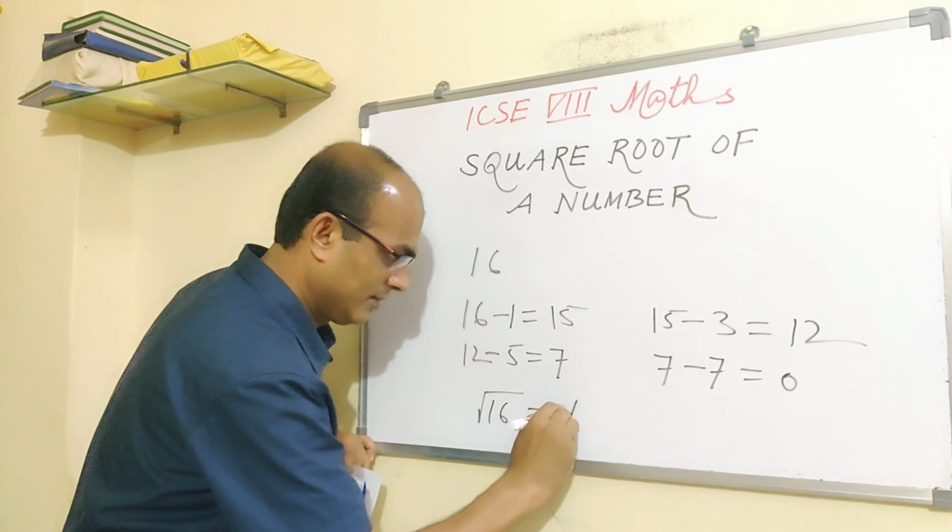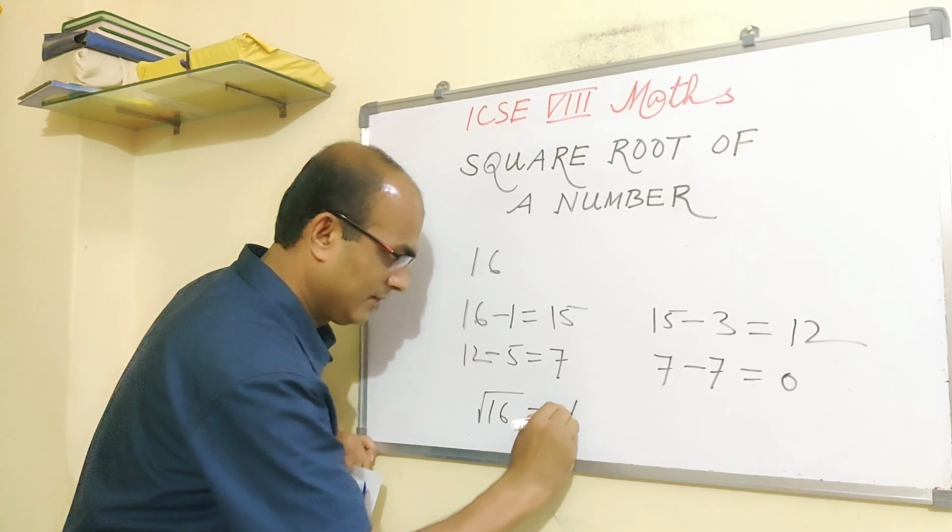Alright. So two things are clear. We will keep on subtracting until we get 0. Here we got 0, and so we are saying that therefore 16 is a perfect square number. Are you getting it?